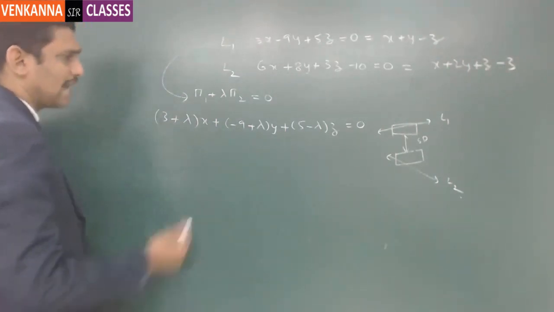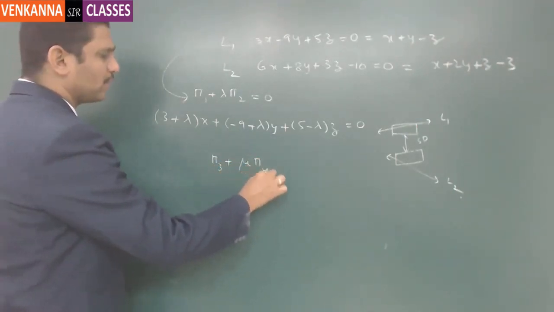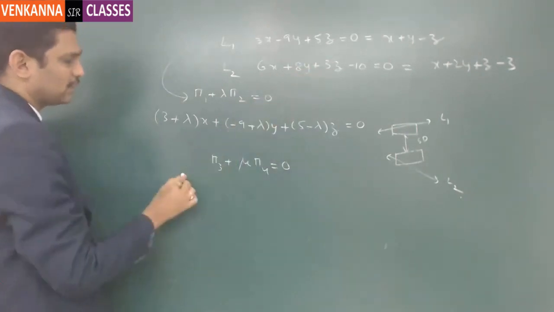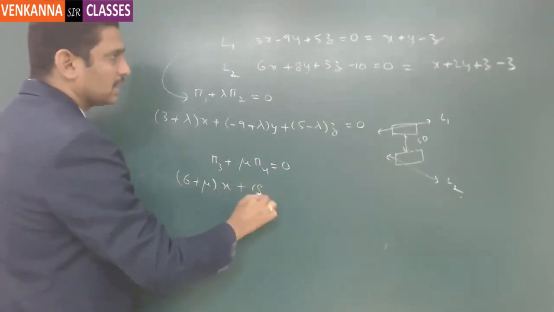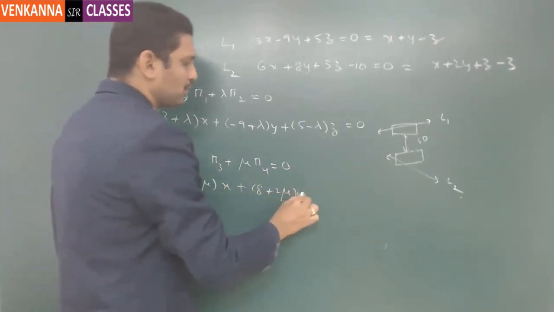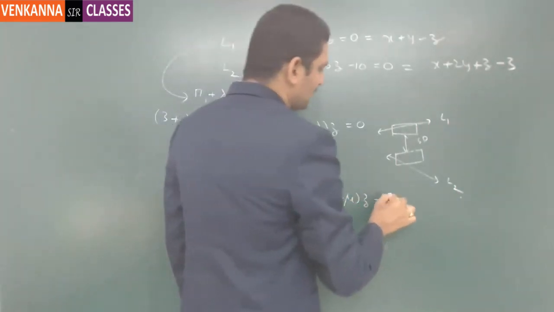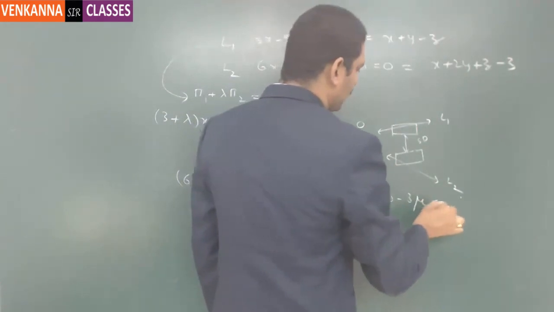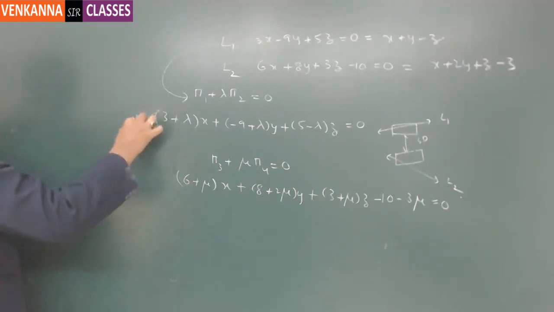For L2, I will take pi 3 plus mu pi 4 equal to 0, taking the respective values: (6 plus mu) into x, (8 plus 2 mu) into y, (3 plus mu) into z, minus 10 minus 3 mu equal to 0. We are choosing the planes passing through L1 and L2 in such a way that they are parallel.